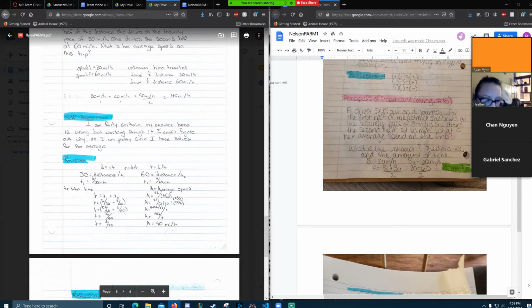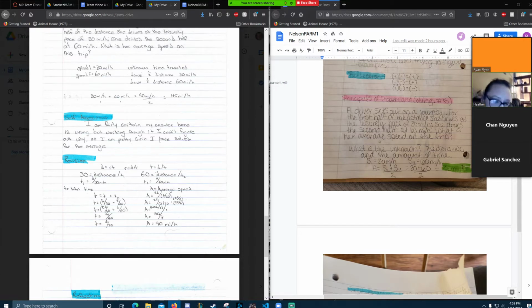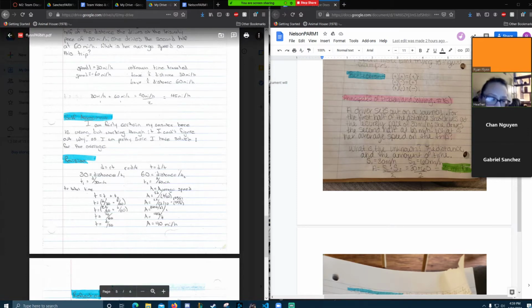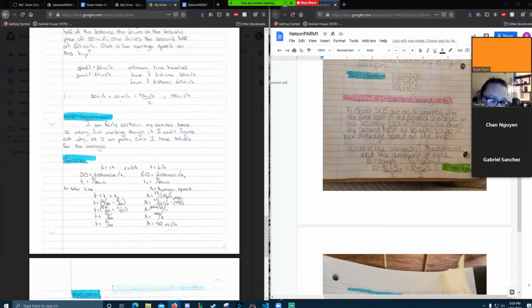And then you just add these 2 equations together to get the total time. Then you want to find the average rate. So that would be R equals D over T again. So total distance, which is 2D for these 2 distances, divided by the time, which we solved for, and then you work that out.